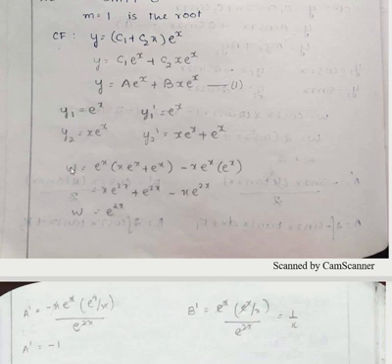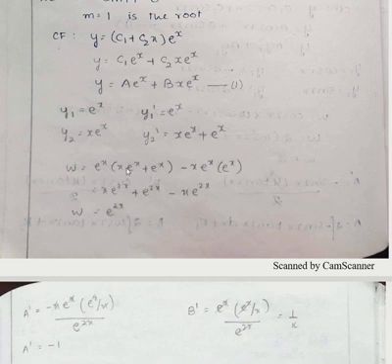Next we need to find the Wronskian. W = y1 y2' − y2 y1'. Therefore y1 is e^x into y2' is x e^x + e^x, minus y2 which is x e^x into y1' which is e^x. Multiplying with e^x, e^x into e^x is e^(2x), because the bases are the same and the powers can be added.